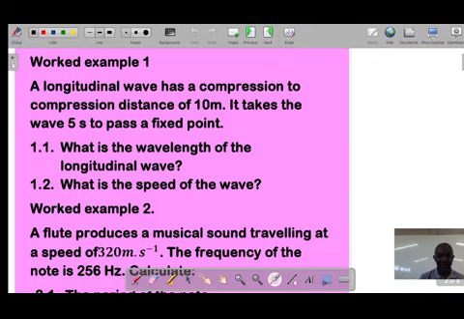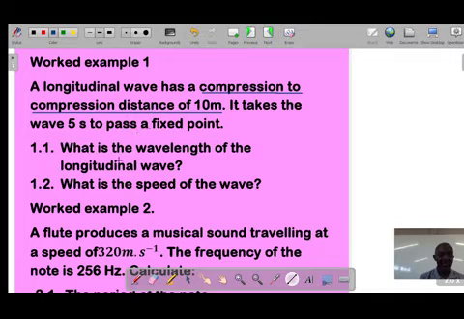Okay, let us check what they have given us, guys. They have given us a compression to compression distance. Note that from one compression to another compression, the distance is 10 meters. They also say that it takes the wave 5 seconds to pass a fixed point.